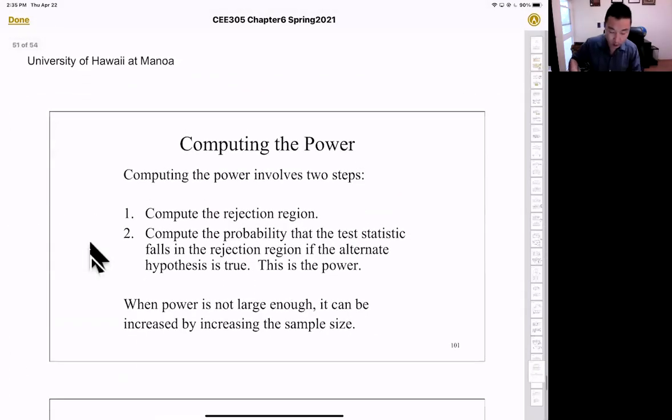Here we just discuss how to calculate power. The calculation is not easy, so I just show you the procedure. You do not need to expect a calculation problem about power on your final exam.